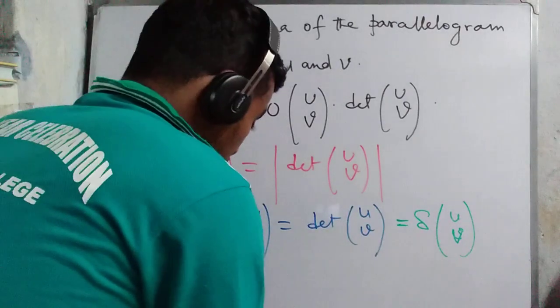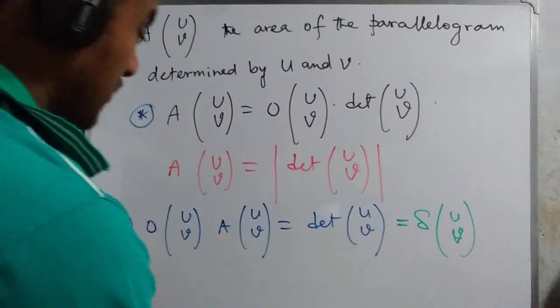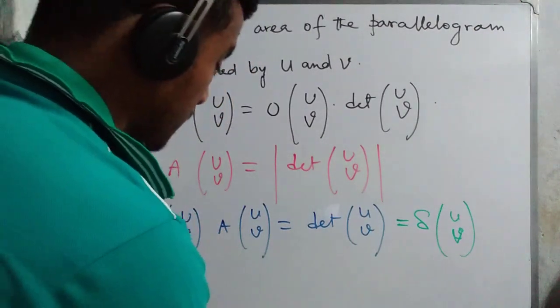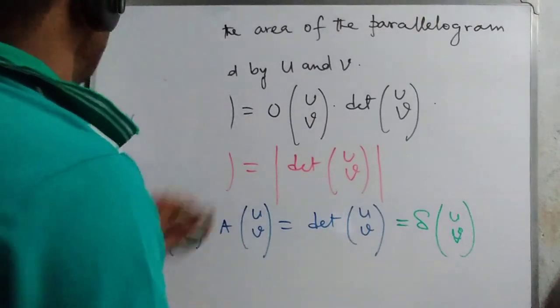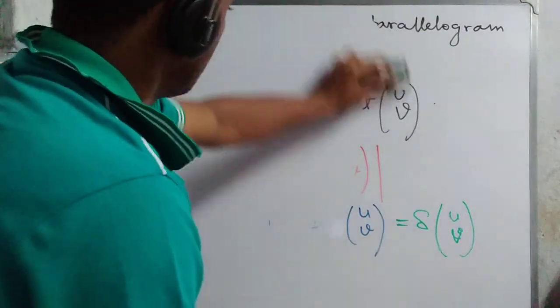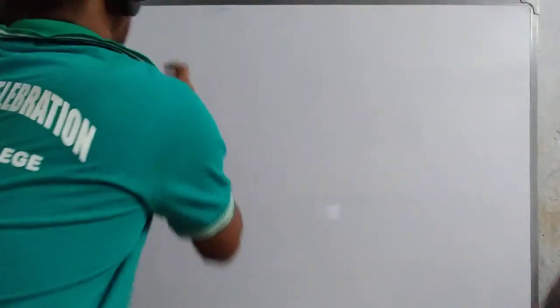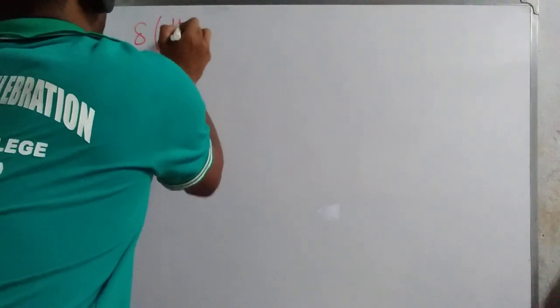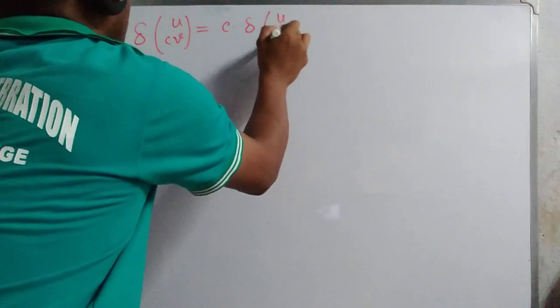So now we discuss it another way. We erase that portion and show another fact about that. Here delta of (U,CV) equal to what? Equal to C times delta of (U,V).